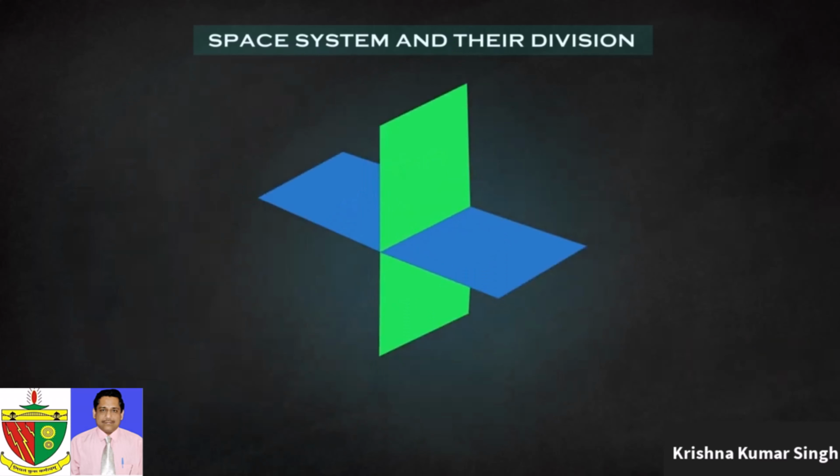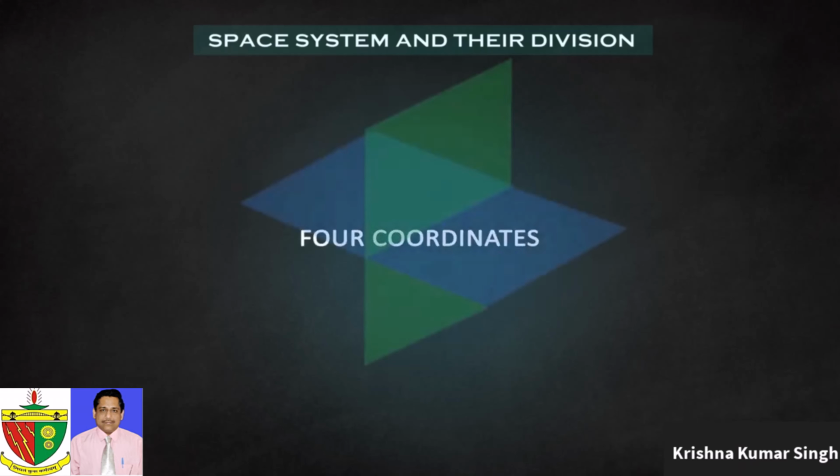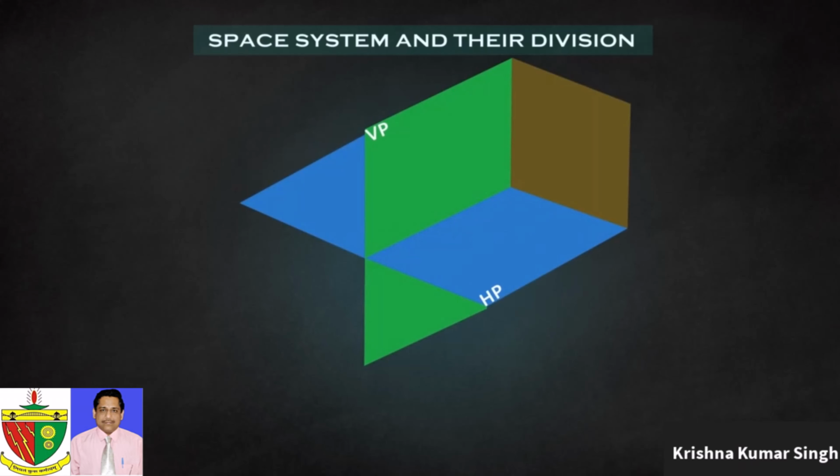The divisions of the space are separated by two planes, commonly known as vertical plane, or VP, and horizontal plane, or HP, bisecting each other. These are nothing but the four quadrants. The plane in front of the observer is known as a vertical plane. The plane which is horizontal and perpendicular to VP is called the horizontal plane.